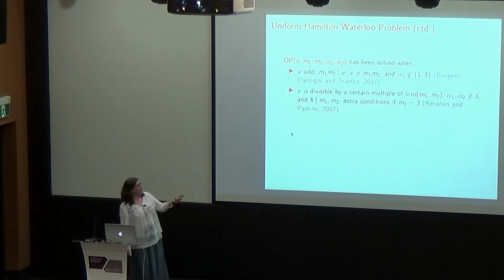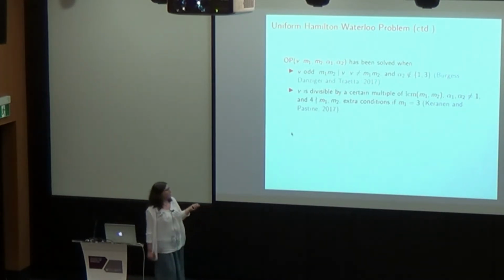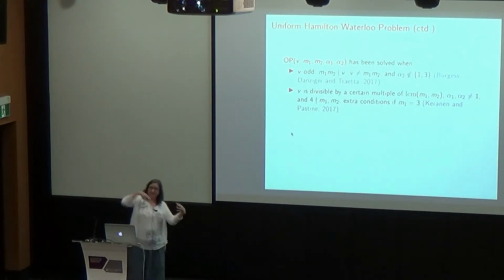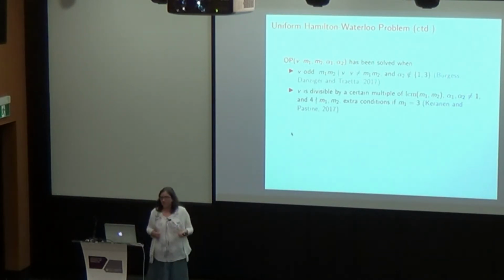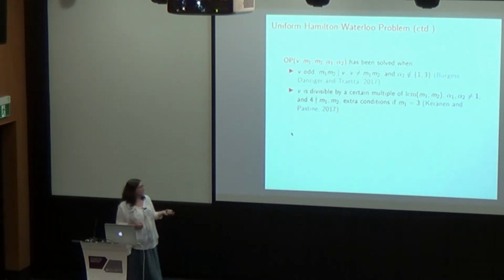And we were able to solve this with a couple of small exceptions for alpha 2, the number of C_{m_2} factors, and small exceptions in v. Simultaneously, this was being studied by Keranen and Pastine, and they came at it from a slightly different angle, and also got solutions for odd m_1 and m_2 cycle lengths.